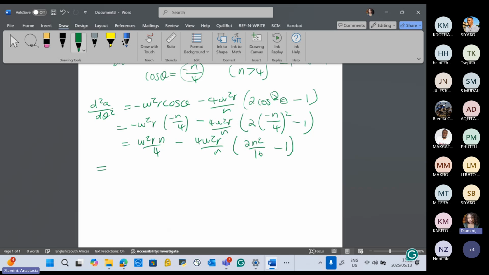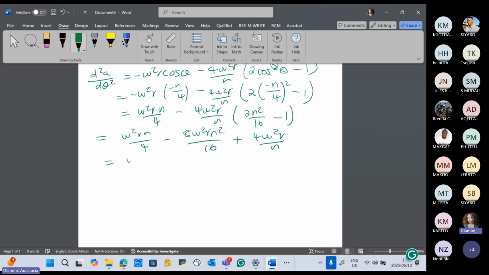So this is equal to w squared rn over 4 minus w. Okay, I'm missing something here. This is 8 times 4. So that's 8w squared rn squared over 16 plus 4w squared r over n.